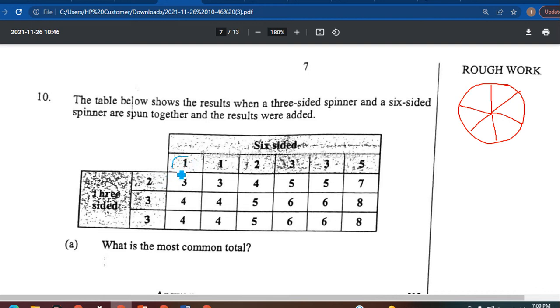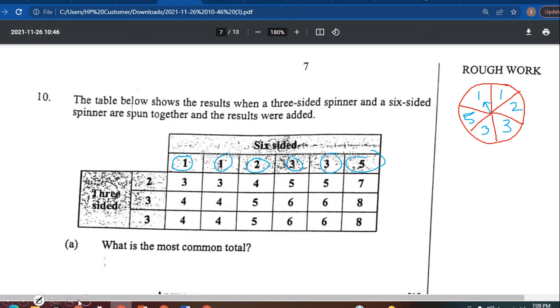We have 1 here, then the next 1, then a 2, then a 3, then another 3, then a 5. And basically you would get your little arrow and spin it and see which one it lands on.